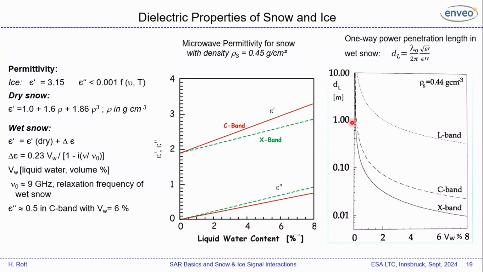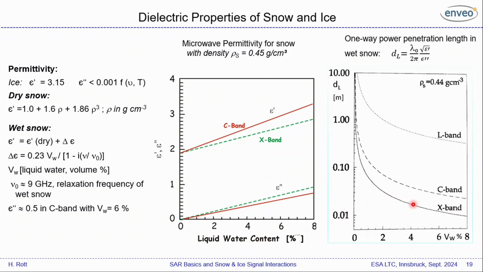penetration depth. It's a one-way power penetration depth depending on frequency, which can be computed by this equation: the square root of epsilon prime over epsilon double prime times the wavelength over 2 pi. And we can see, for example, we have 4% by volume in X-band.